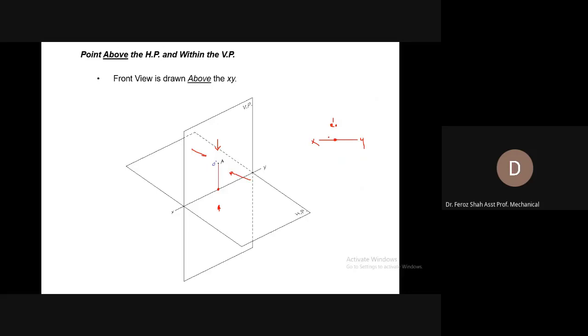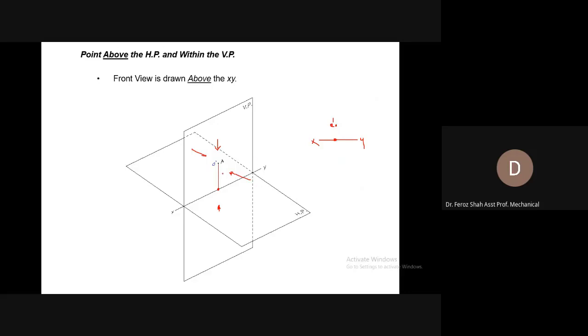So this type of projection, you can see that this point location is common. It is at the boundary of the first quadrant and the second quadrant. So you can take it with the first quadrant or with the second quadrant. In either case, its front view will be above the XY reference line and its top view will be on the XY reference line.